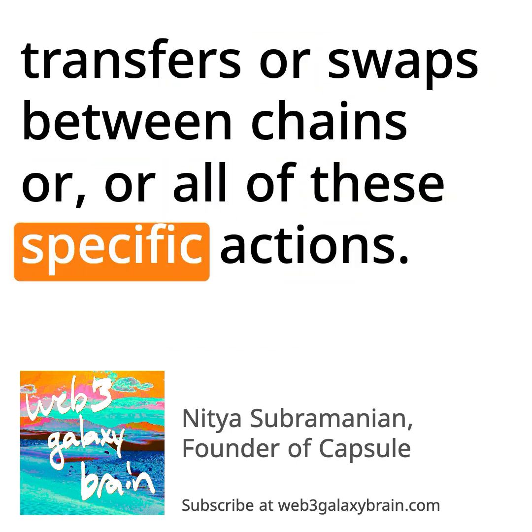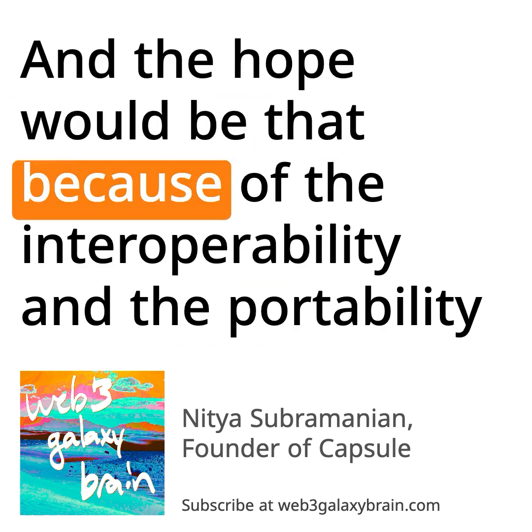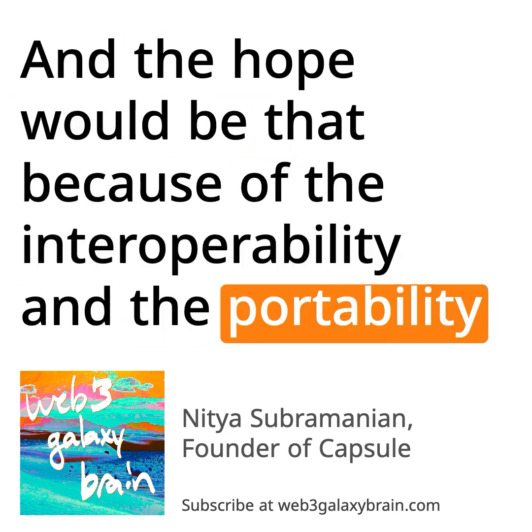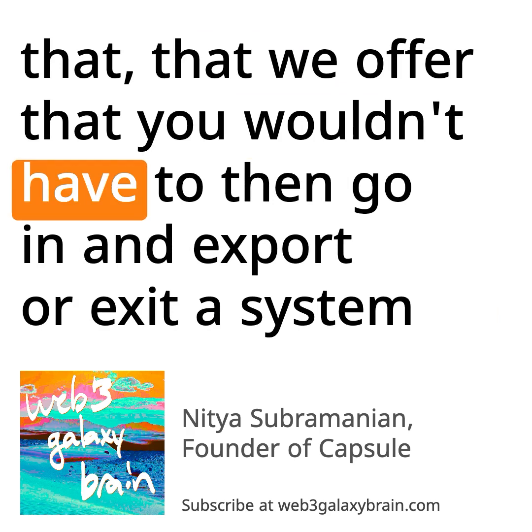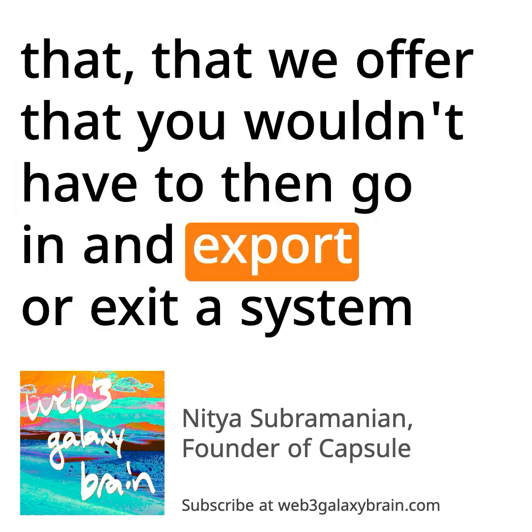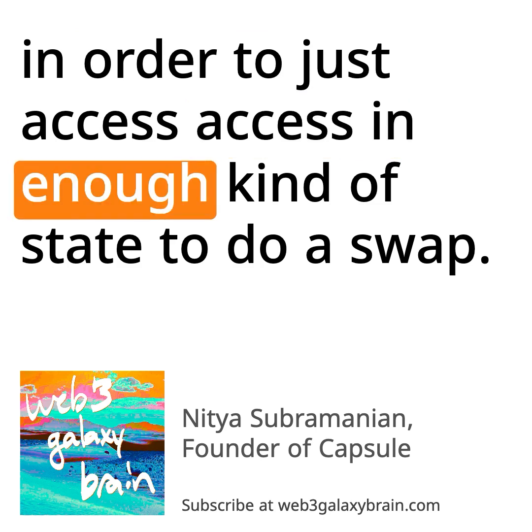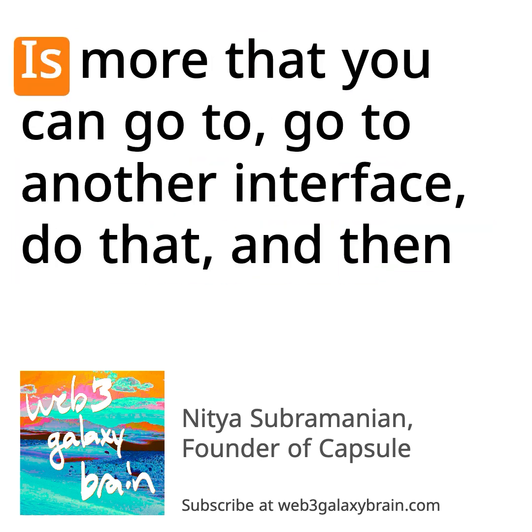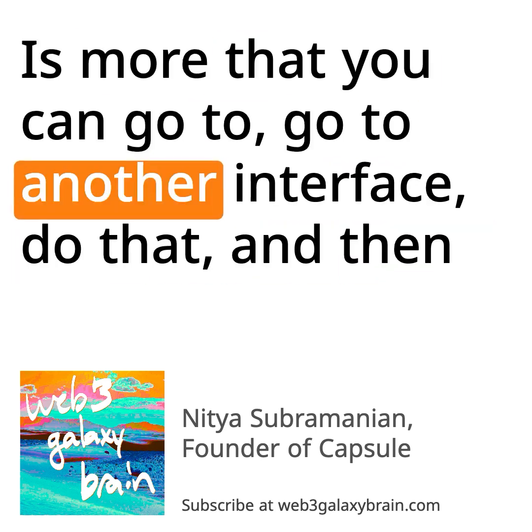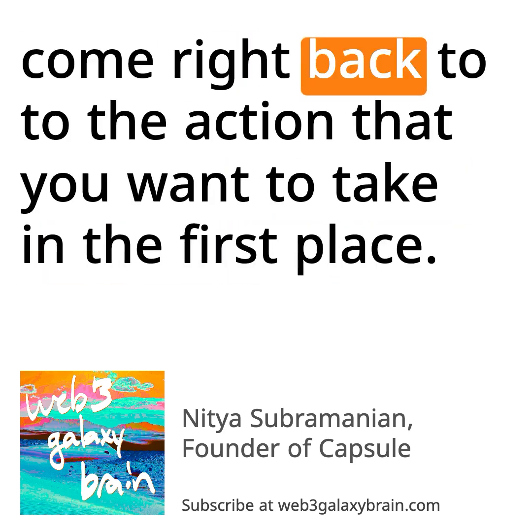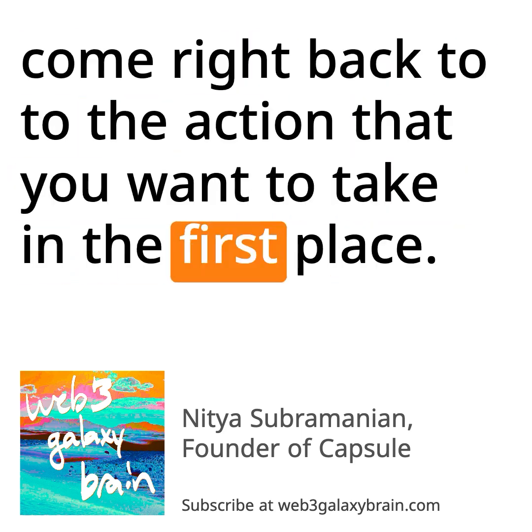Because of the interoperability and portability that we offer, you wouldn't have to export or exit a system just to access enough state to do a swap. Instead you can go to another interface, do that, and then come right back to the action that you wanted to take in the first place.